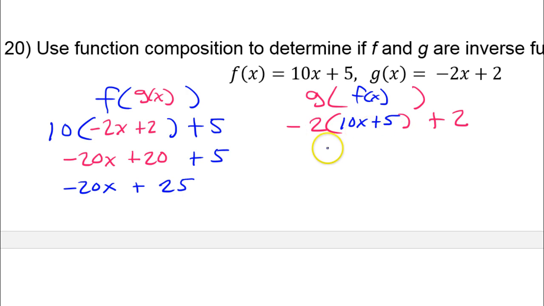If I do the distributive property here, that's going to be negative 20x minus 10. And then I have this plus 2. So that's negative 20x minus 8, combining those like terms. So again, you did not get x, so they are not inverses.